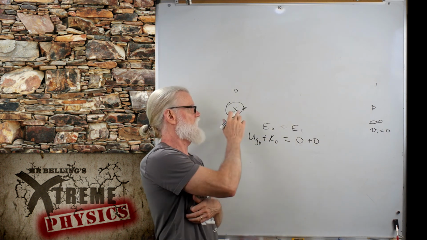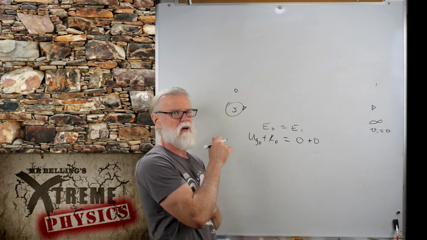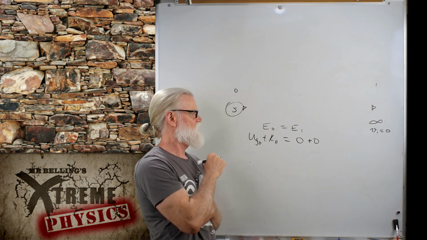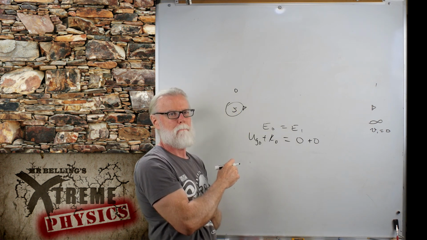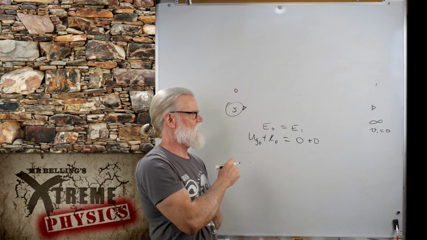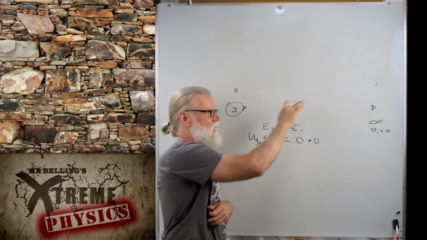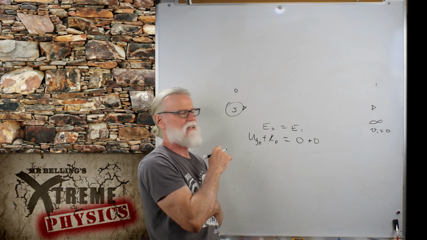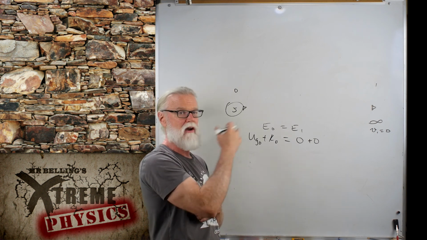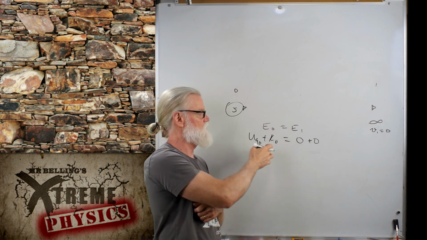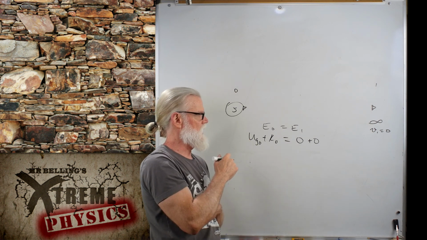So this will only escape and never come back if its total energy is 0. Right? Total energy has to be 0. And we say that at that time it's unbound. This thing is unbound. It can escape, right? If it had more energy, it would still escape. But this is the minimum speed to be unbound by Jupiter.